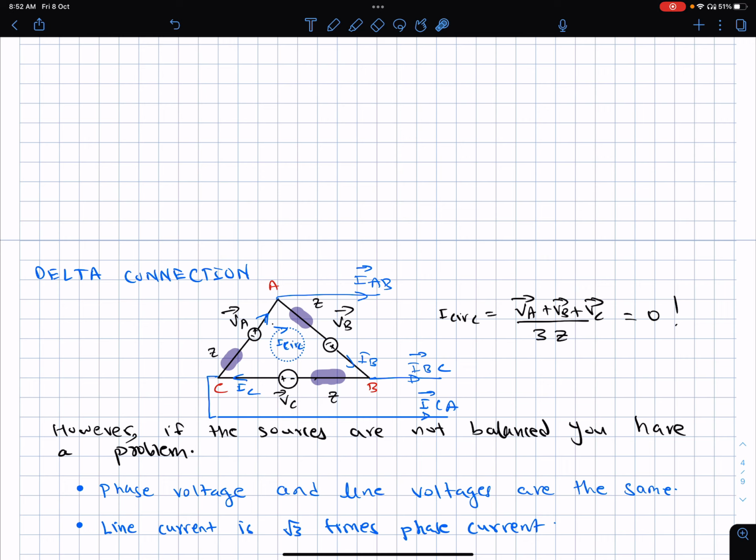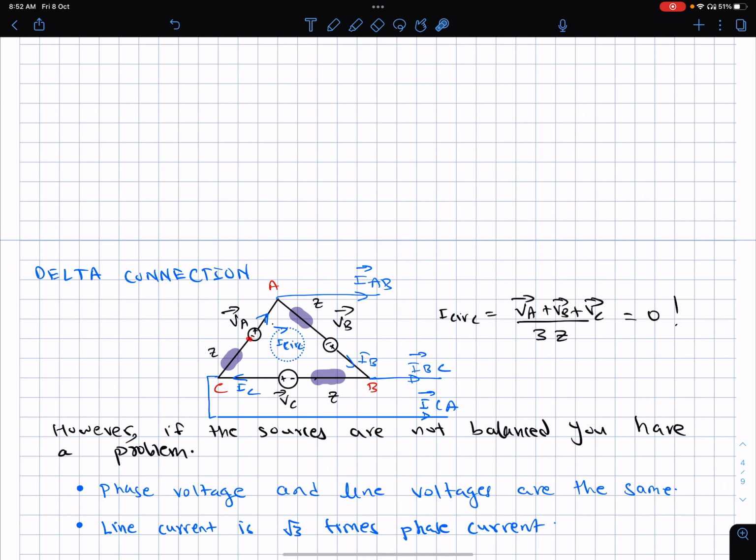So you will get this VA, VB, VC when you connect like a delta connection. Because now there is a delta connection, you have to look at what's the circulating current which is taking place there. That is going to be the vector sum of the voltages VA, VB, VC divided by 3 times Z, and that will turn out to be 0. Why?